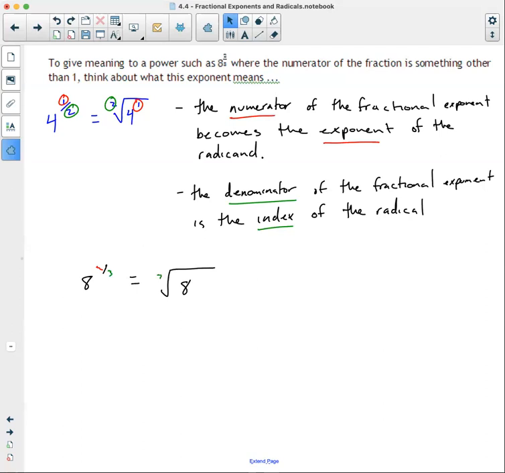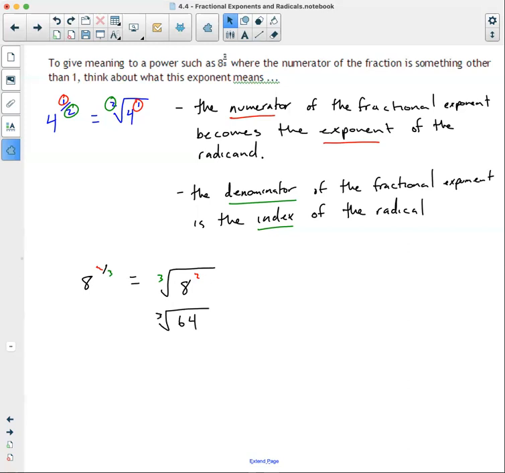So we're taking the cube root, and we're taking the cube root of 8 squared. Okay. Great. So let's go ahead and solve that. So let's just go ahead and square that right now. We'll talk about that in a little bit more. Okay. So 8 squared is 64. So we're taking the cube root of 64.